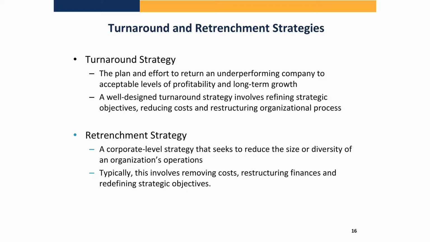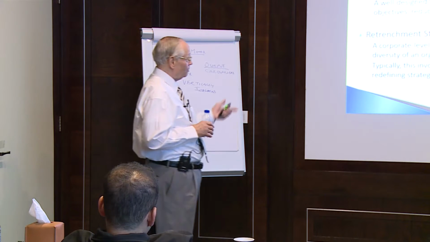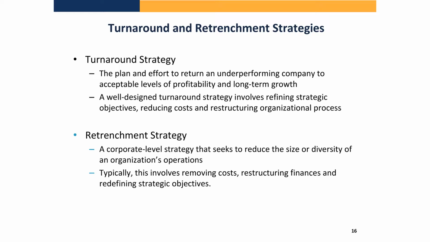So if your turnaround strategy doesn't work, then you may have to go into a retrenchment. Retrenchment is not good because that means you're probably going to be closing divisions, laying off employees, and so on and so forth. So typically this involves removing costs, restructuring finances, redefining strategic objectives.